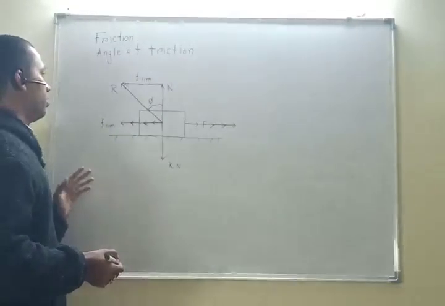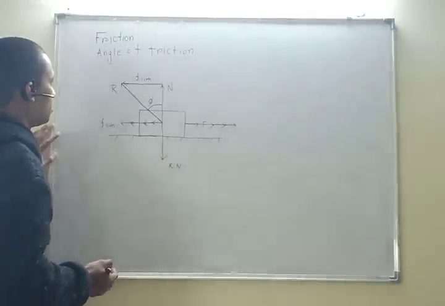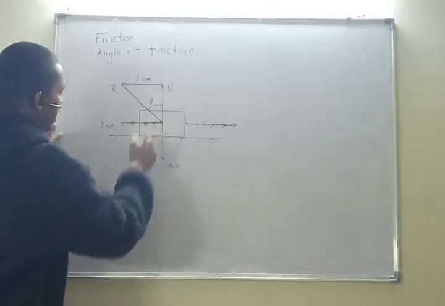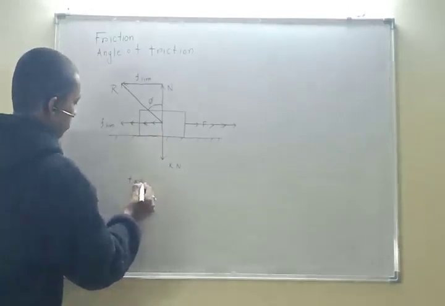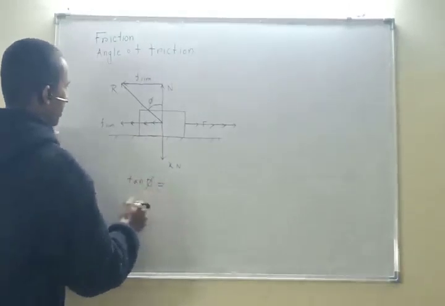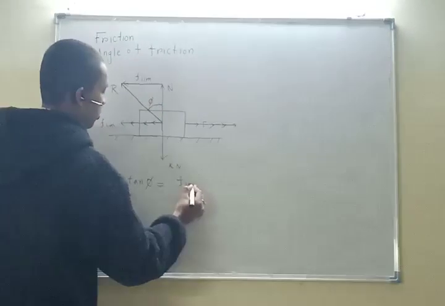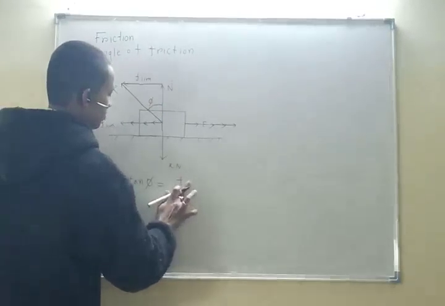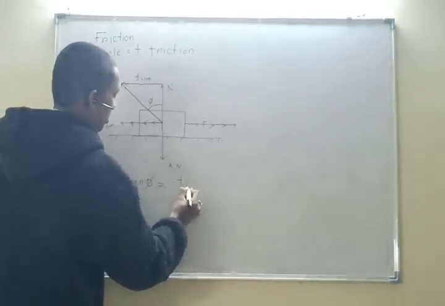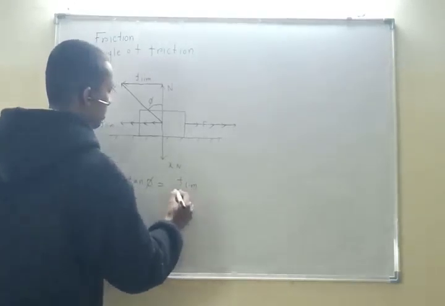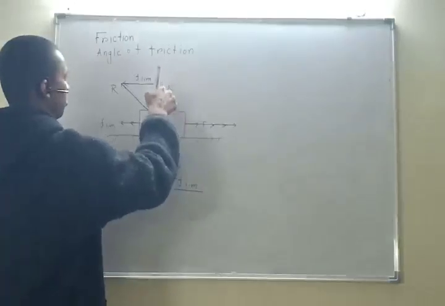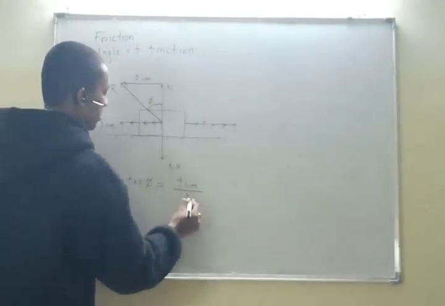And what is its value? Say if I write tan phi, then what is tan phi? Tan phi is the height, the frictional force limiting value, divided by the base, that is the normal reaction.